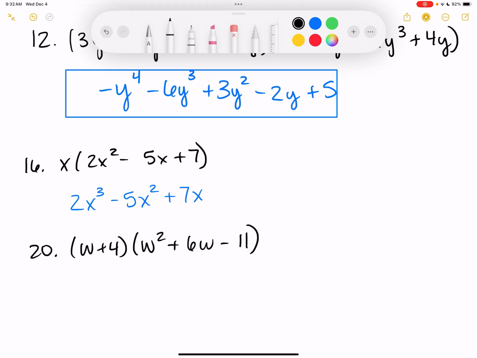So this is going to be w going to w squared, to 6w, into negative 11, and then 4 going to w squared, to 6w, and negative 11. So you just have to make sure that you get all the pieces in there. So I'm going to do w times everything in the last one first. That's going to give me w cubed plus 6w squared minus 11w. And then the 4 times everything is going to give me plus 4w squared plus 24w minus 44.